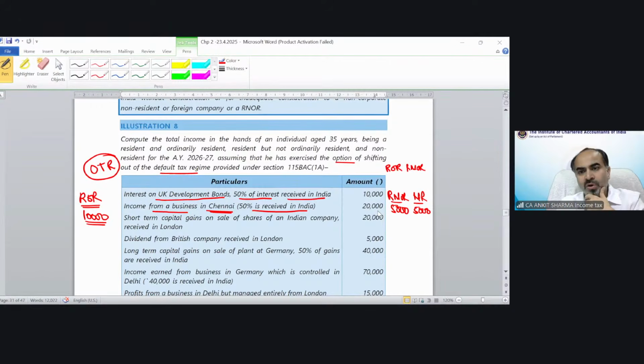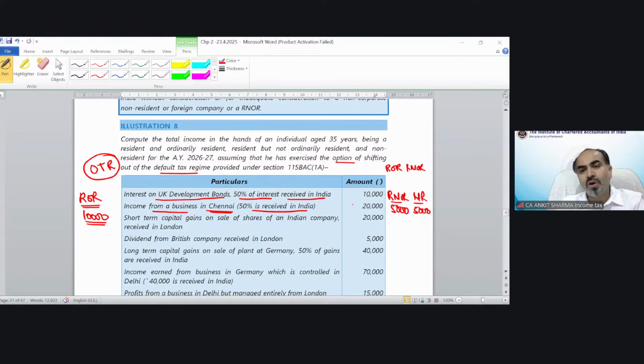Gaurav, Vedant, Isha. Very nice. Because the business is in Chennai. We are not saying it's controlled from Chennai. The business is in Chennai. So technically income is earned from India. And when income arises or is earned from India, that's going to be taxed for all. So this is taxed for all categories of person, 20,000 for each and every one.